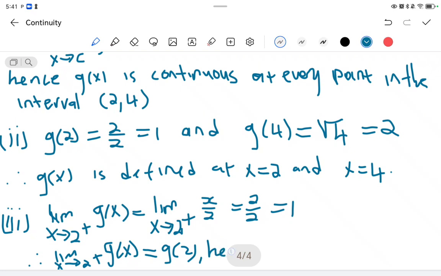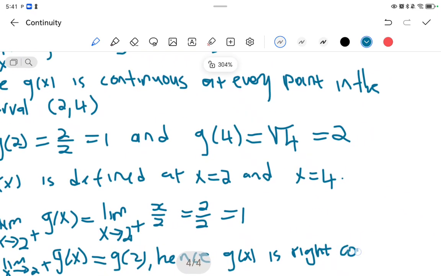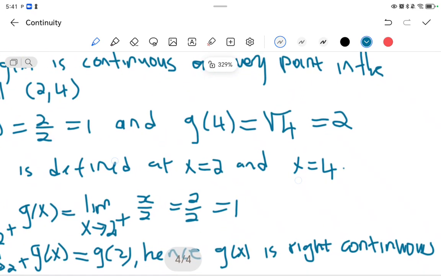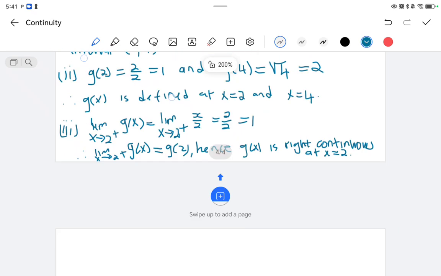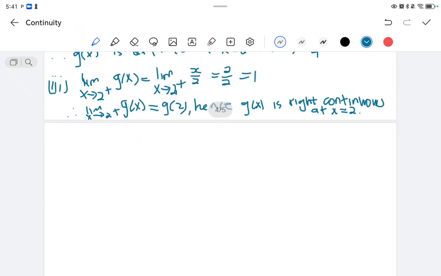Hence, g of x is not just continuous, it is right continuous at x equals 2.